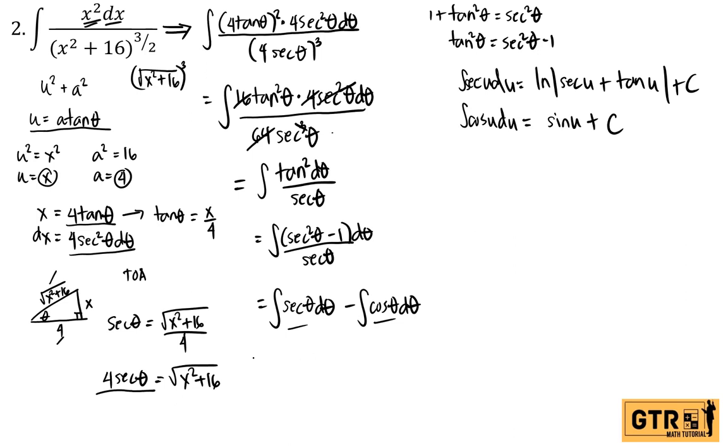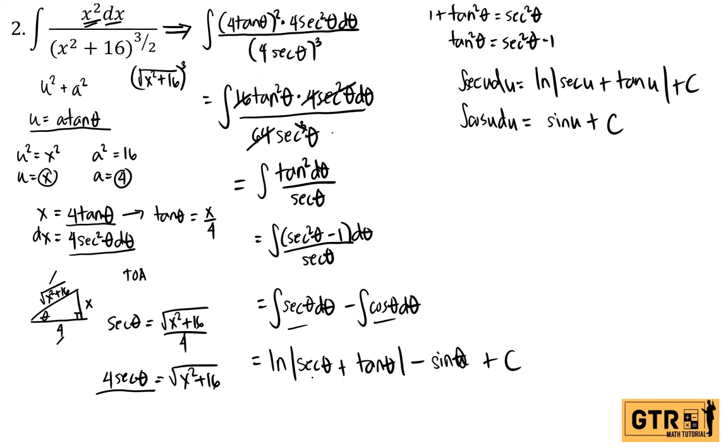This will now be equal to ln of secant theta plus tangent theta, and then minus the integral of cosine, which is sine. So minus sine theta plus c. I'm sorry, this is theta, sine theta. Now let us substitute the values of secant theta, tangent theta, and sine theta using the triangle.